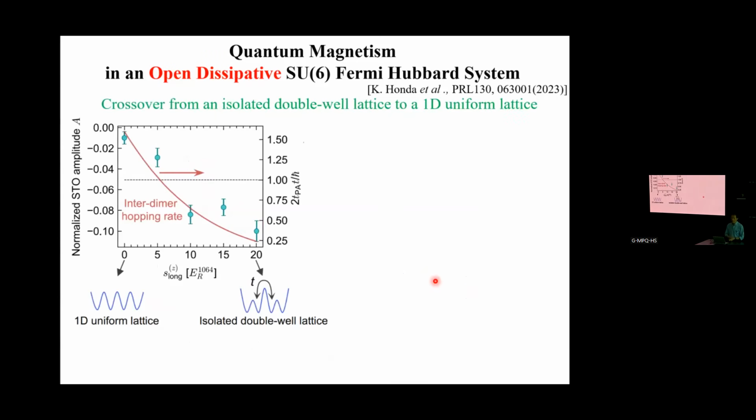Okay, and we also investigated the spin correlation in the presence of dissipation for various lattice geometries, from the isolated double well to a 1D uniform lattice like this. For all lattice configurations, we observe the formation of ferromagnetic spin correlation, like this.